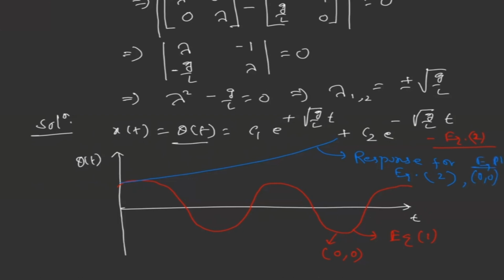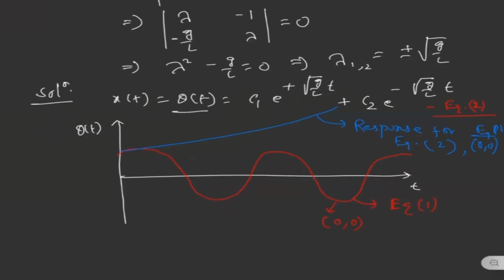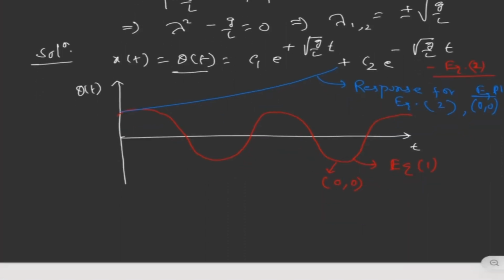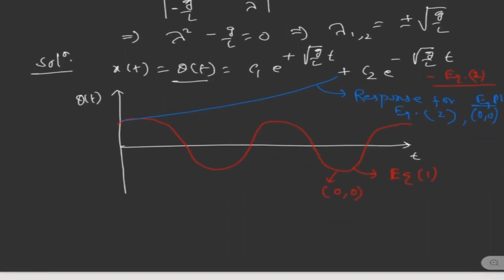So now this is basically the behavior of the system, the natural response of the system. There is no perturbation, no control, and this is how the system behaves with time, the natural system. Now, what is the role of control here?